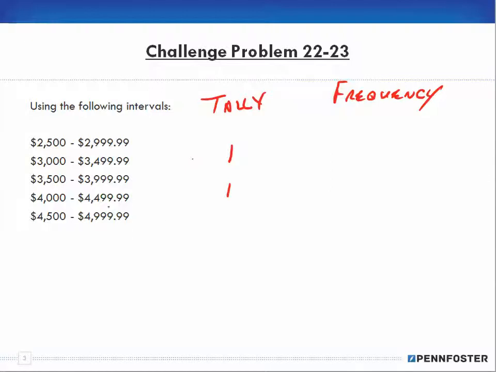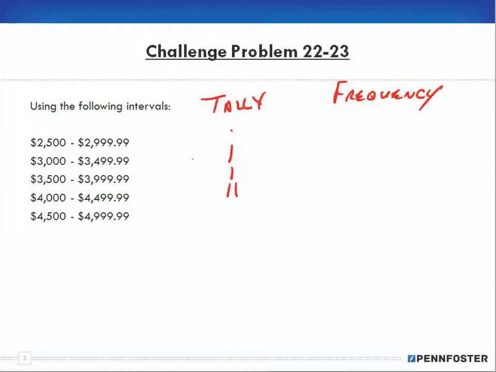Computer programmer, 4,255 falls in the same area, so I put a second tally mark in that interval. The flight attendant is 3,560. Well, that's between 3,500 and 4,000, so I put a tally mark there.